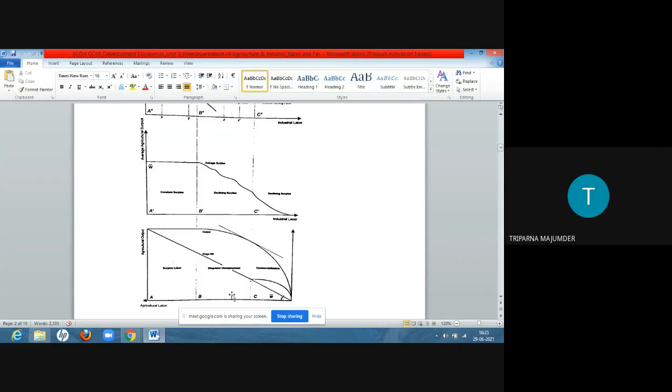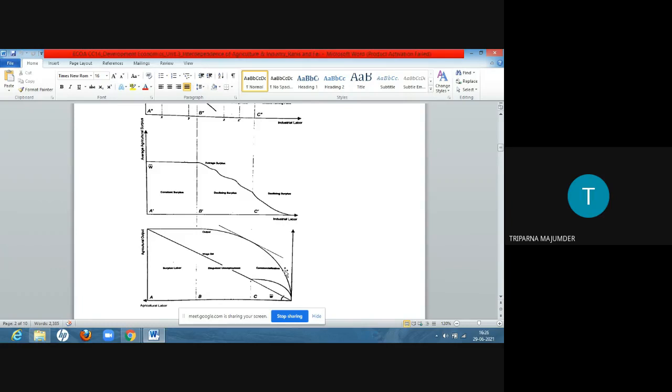That implies that the marginal product of labor is not zero, but the marginal product of labor is less than the average product of labor. So, to the right of point C, the phase of disguised unemployment ends. So we have three phases. Here, surplus labor. This segment BC is the phase of disguised unemployment, and this is the phase which we will come to know as the phase of commercialized agriculture.